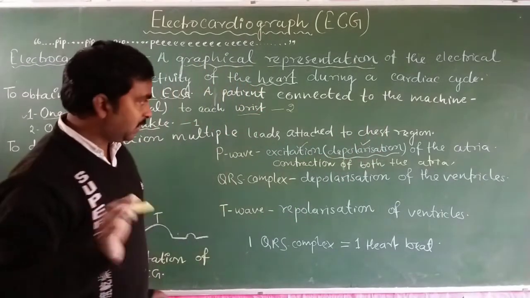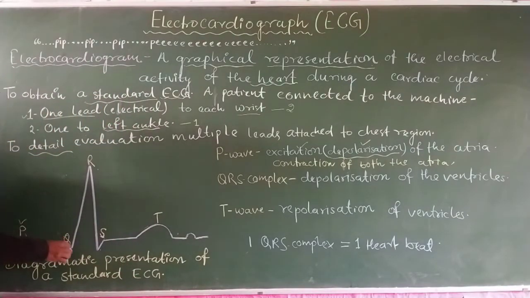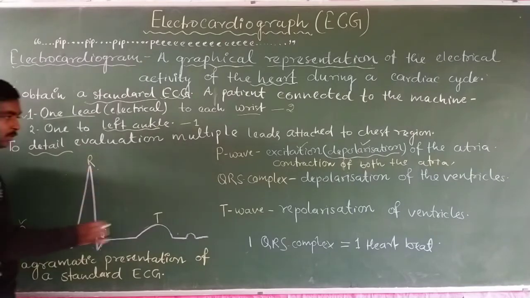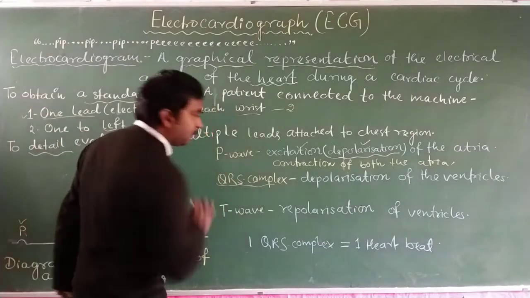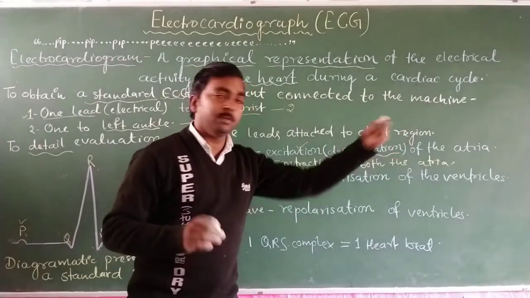Now the same applies to the ventricles, but during ventricular contraction a large wave is created, and this wave is termed the QRS complex. The QRS complex is responsible for depolarization of the ventricles.